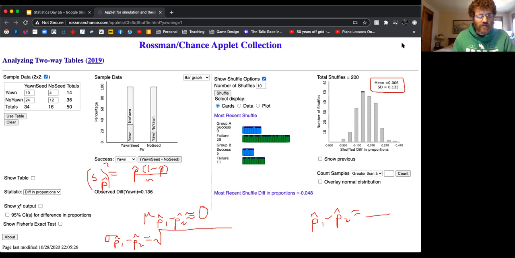That's the variance. Now I've got the variance for p hat 1 and the variance for p hat 2. Even though I'm subtracting these two, remember we always add variances. So it's going to be p hat 1 times 1 minus p hat 1, divided by the sample size for 1, plus p hat 2 times 1 minus p hat 2, all divided by the sample size for 2.